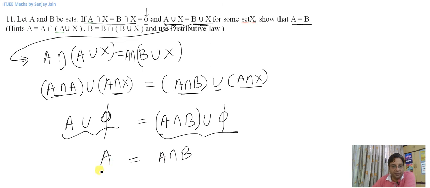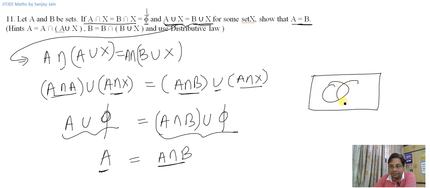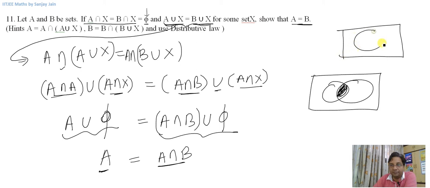And now see, if A is equal to A intersection B, imagine this condition, right? This intersection is the entire A, or let me show it to you in another way. Let us say this is A, right? This set is A intersection B, and it is entire A also, right?